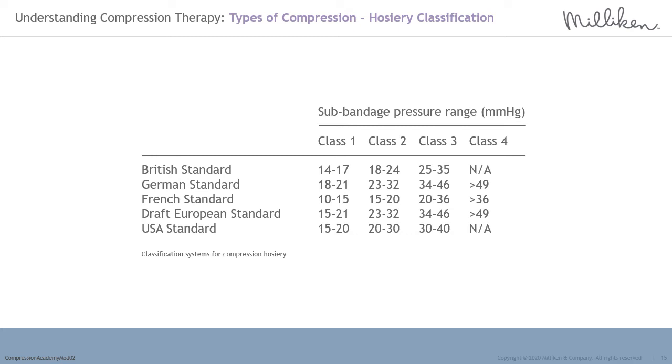Class 3, British 25 to 35, German 34 to 46, French 20 to 36, USA 30 to 40. Class 4, there is no British or USA class 4 standard. German, greater than 49 millimetres of mercury pressure, and French, greater than 36 millimetres of mercury pressure.